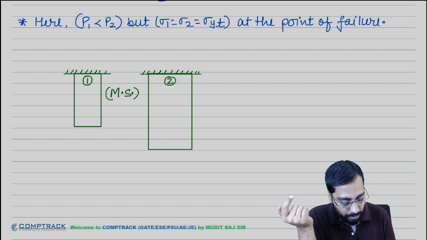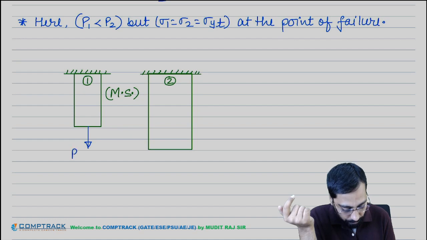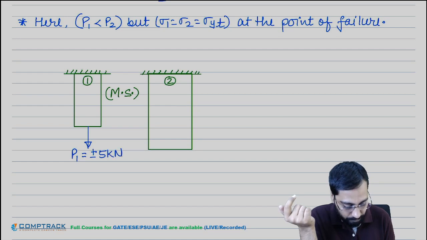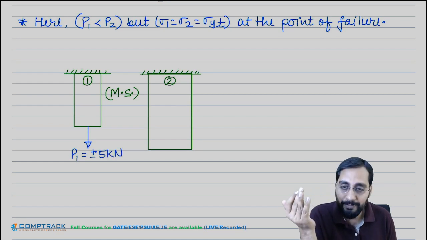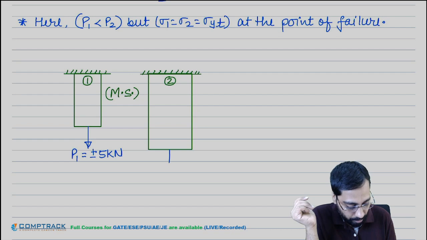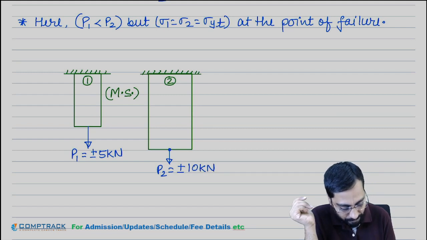And here you are applying the fluctuating load P1, let's say plus minus 5 kilonewton, at which failure will start. And here P2 will be, let's say, plus minus 10 kilonewton, then failure will start.